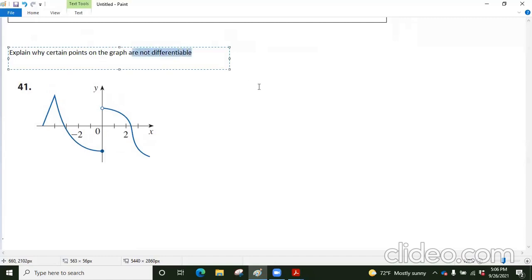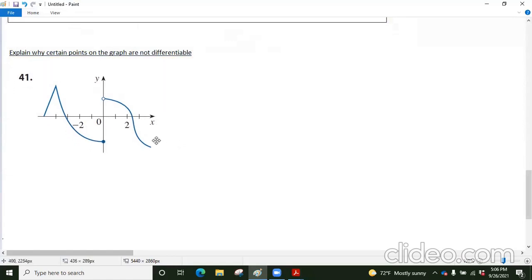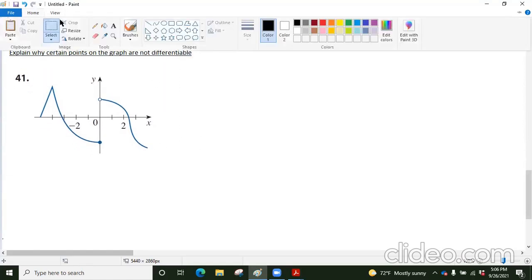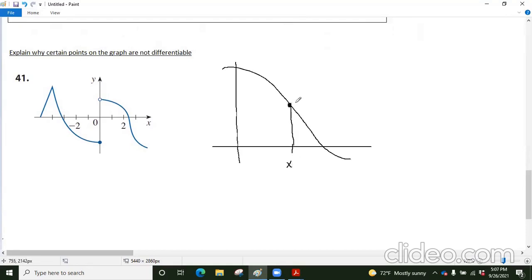And the basic idea behind this question is that you have to realize that if a point is differentiable, then it must be continuous. In other words, if you think about differentiability, at x equals a particular value, here for instance, I can draw a slope to the tangent line at this point, which would look something like this.